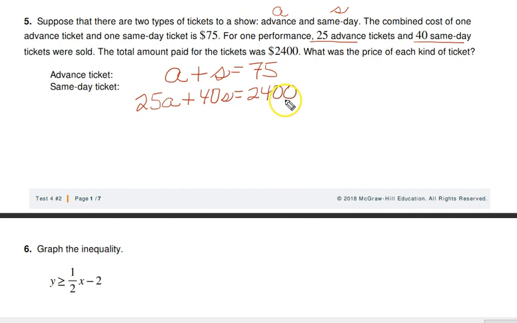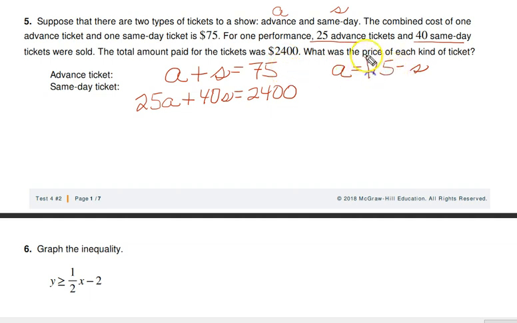So then our next step is, what method are we going to use to solve this? Now, since we used elimination a couple of times, let's use substitution again, because we can say that A equals 75 minus S. Just transpose that.